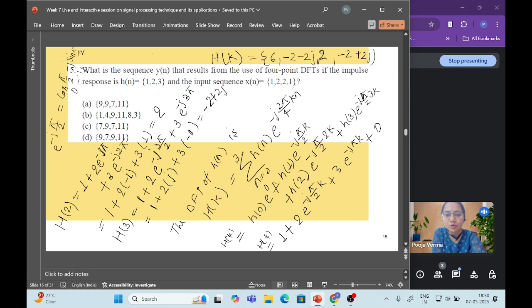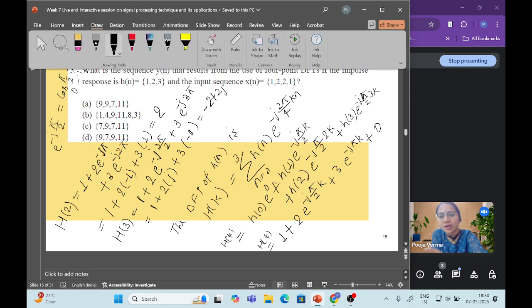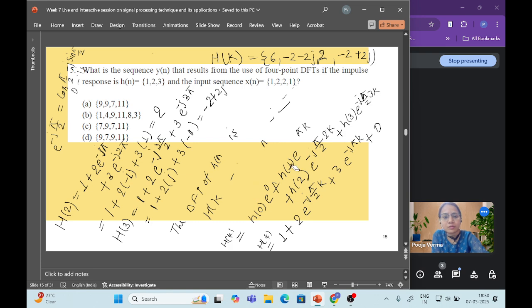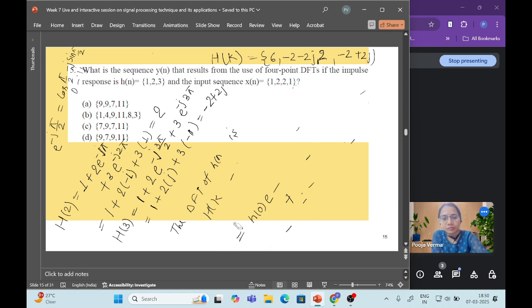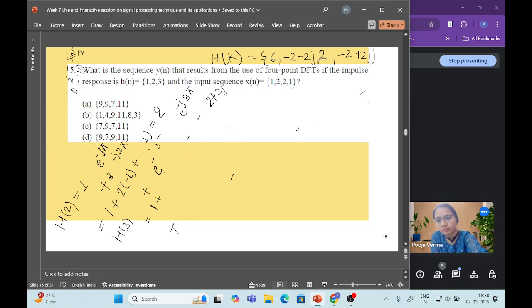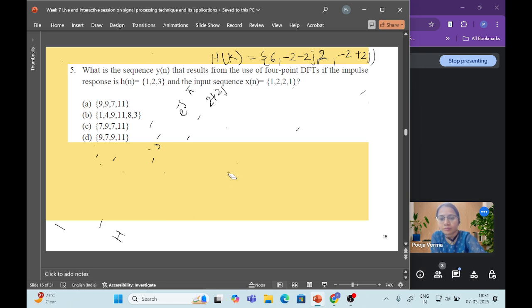Now similarly we have to find out the x of n or x of k also. Okay, so now let's calculate x of k. Till now you can calculate using the same formula.